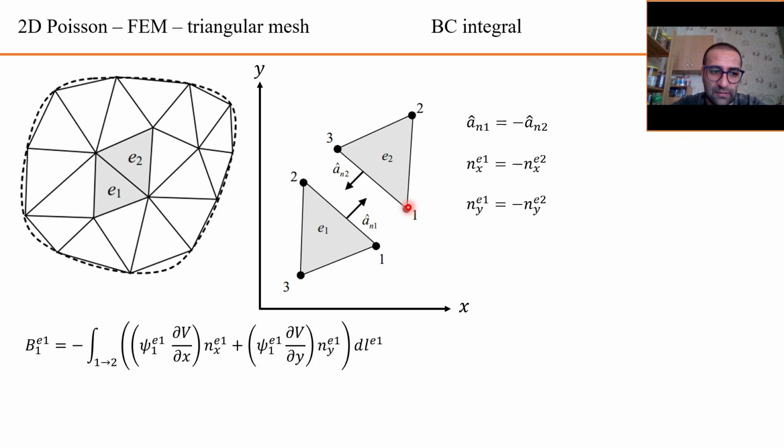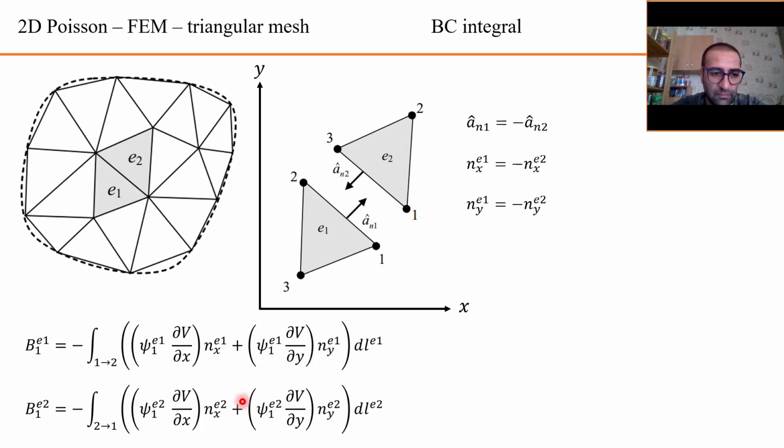And if we write the same boundary integral for the second element, we have such an equation. What is different here is that we have nx of e2 and ny of e2, and we see that nx e2 and ny e2 are minus nx e1 and minus ny e1 respectively.